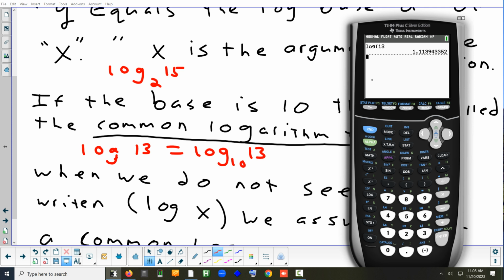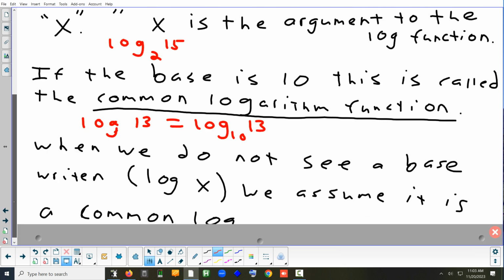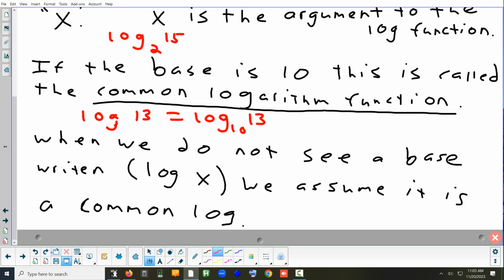I'll talk more about what is that 1.1139. Like, well, what is that? Well, it means something. I'll show you what it means in a minute. Okay. Any question on what a common log is? It's a base 10.